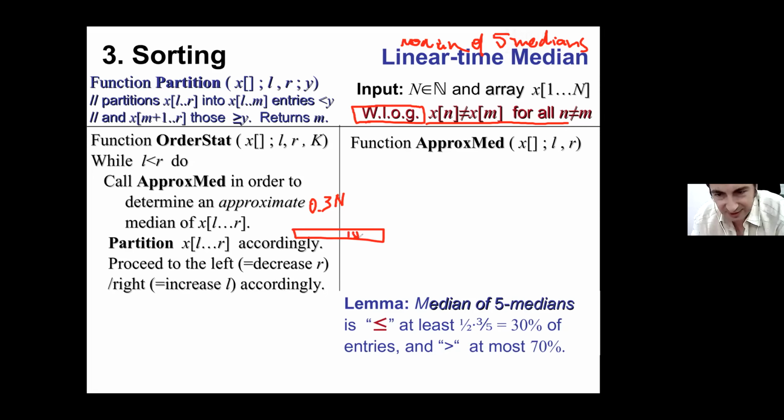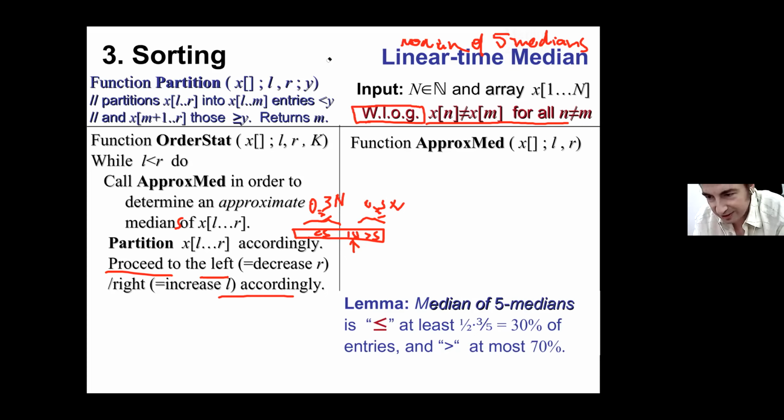Let's say this is S, and now this partition will split everything into less than S and bigger than S. And now you know by your choice of element S that this is at least bigger or equal to 0.3n, and this also is at least bigger or equal to 0.3n. This is important because then you need to call the order statistics recursively on one of these two pieces, depending on how the new position of this element S compares to k. I explained this last time, so this is what is written here.